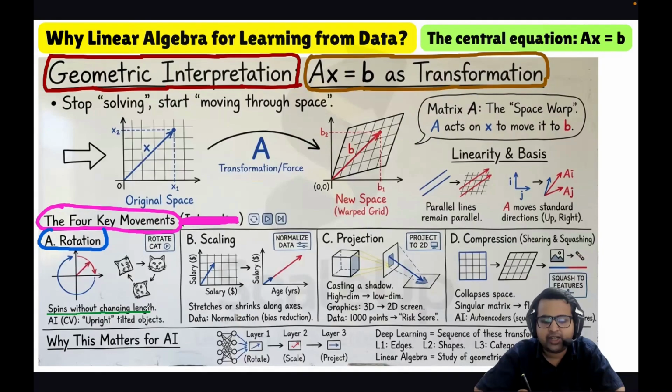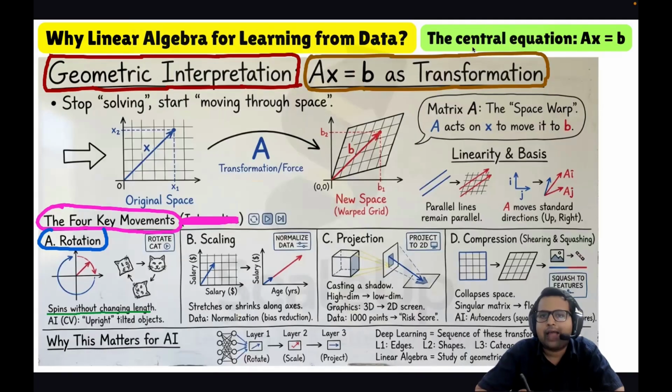In artificial intelligence, rotation is used in computer vision to recognize objects regardless of their orientation. The idea is that if we have a cat which is tilted 45 degrees, then computer vision makes use of a rotation matrix to rotate it to the normal angle and then process it further.